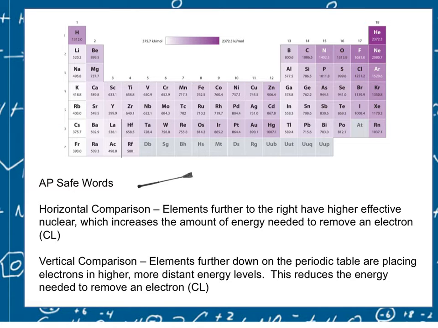Similarly to atomic radius, as you go down, you're not going to talk about effective nuclear charge here. You're going to leave it as just more distant energy levels. And this reduces the attraction because you're increasing the denominator in Coulomb's law. So they're easier to remove.